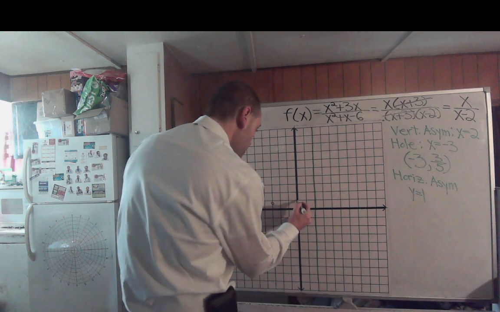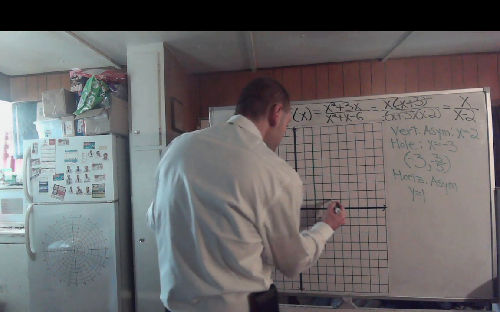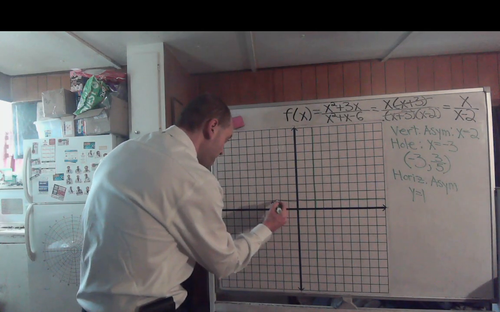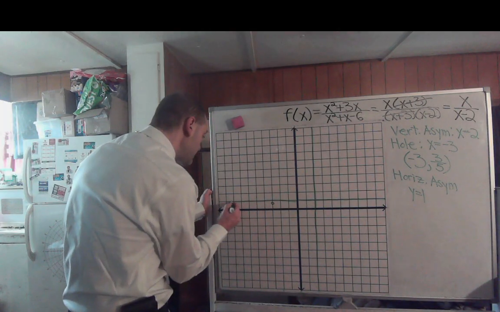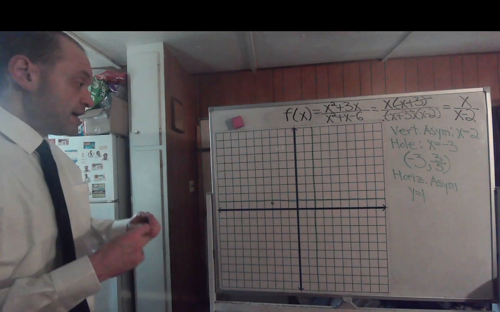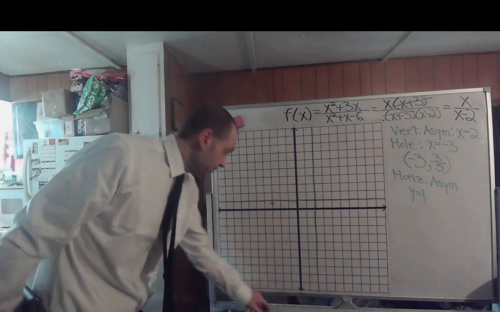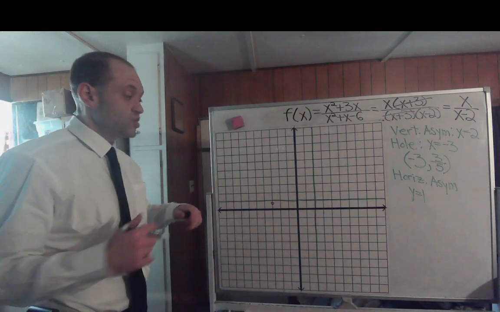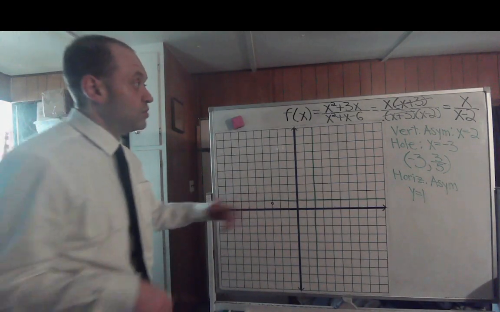So let's draw the horizontal asymptote. And now we can just go ahead and graph this. And it's going to look like a typical rational function, except you have a hole.